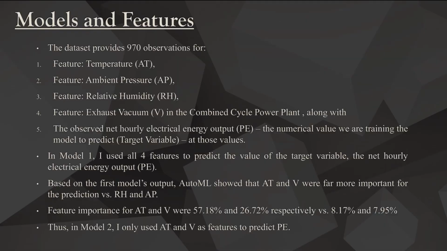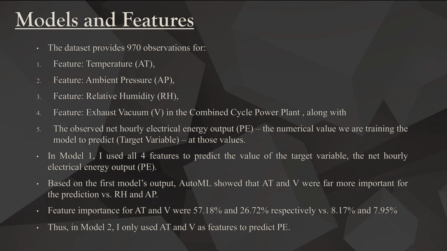Now let's dive into the models and the features. The dataset provides four features that we have to use to predict the target variable. In Model 1, I used all four features to predict the value of the target variable. Based on the output of Model 1, I realized that ambient temperature and the exhaust vacuum were far more important for the prediction compared to the relative humidity and the ambient pressure.